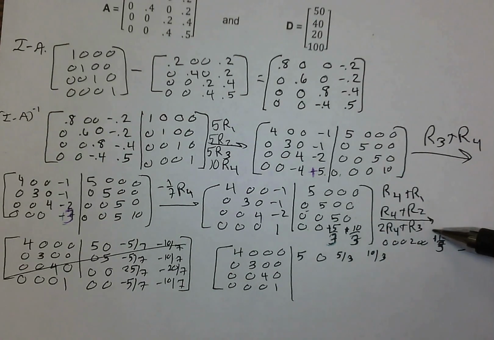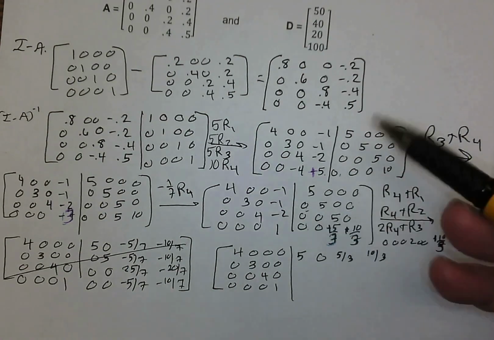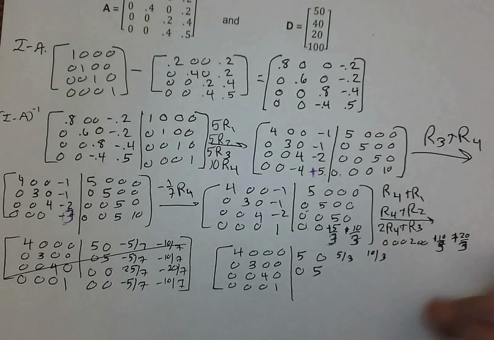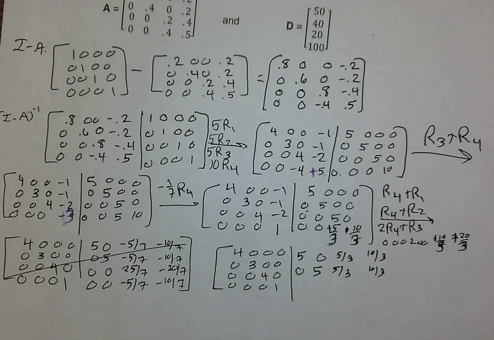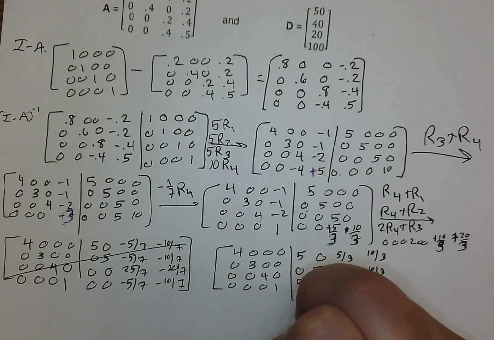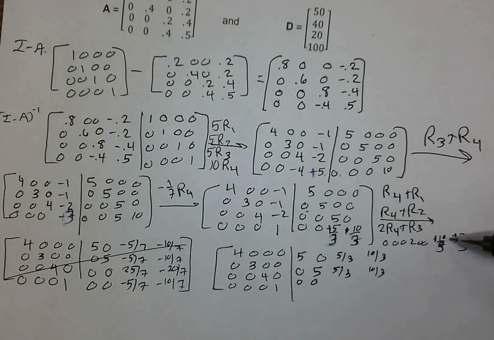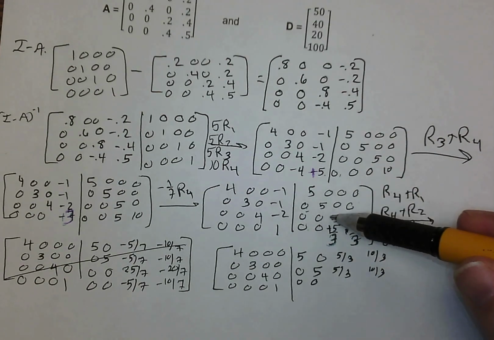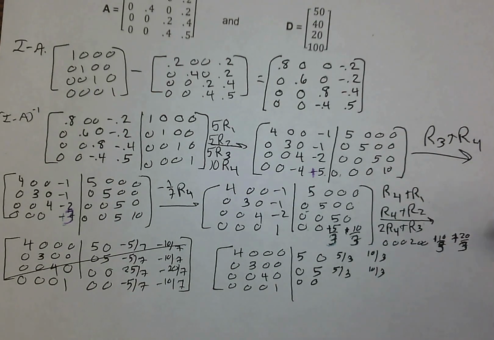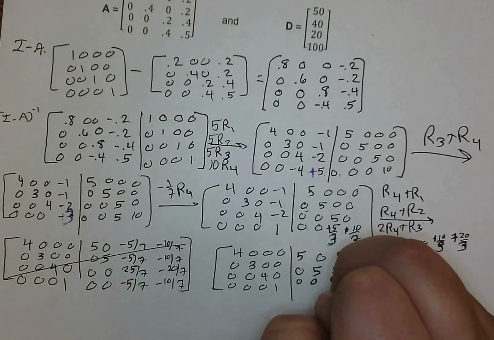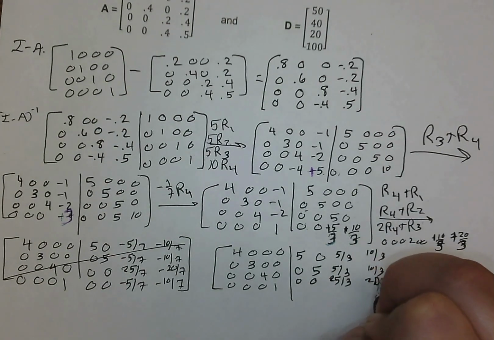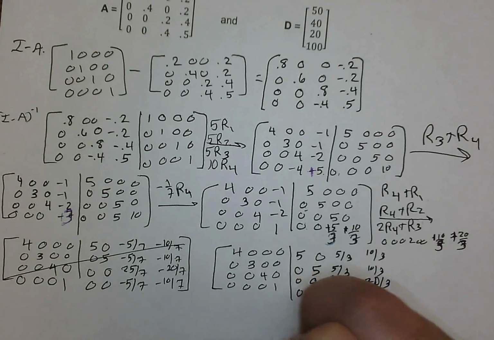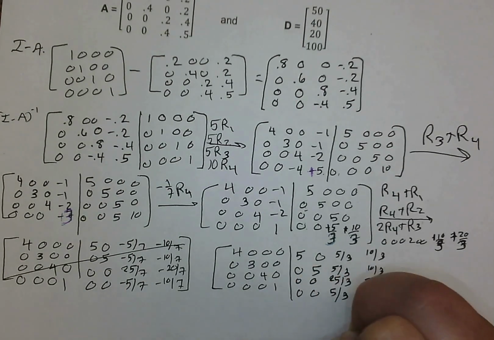When I add row 4 to row 2, 0, 5, 5/3, 10/3. Row 3 would be 0, 0, 5 plus 10/3. So it's 15/3 plus 10/3, 25/3, and 20/3. And the bottom row doesn't change.